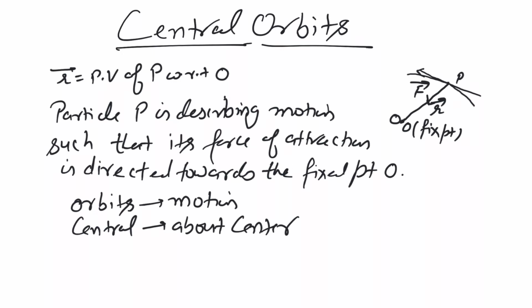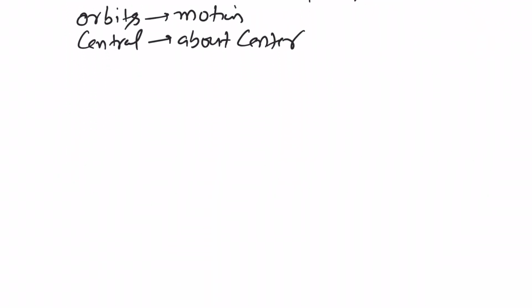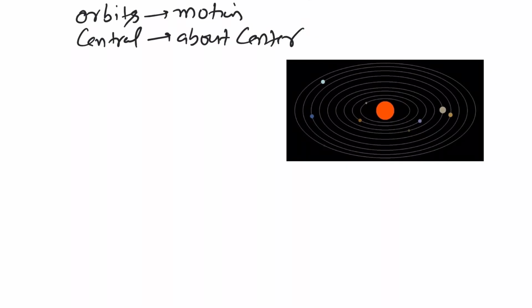For an example, we can give these planets revolving around the sun. The sun is the center and these are revolving around it, so they are describing the central orbit. Force of attraction is always towards the sun, so we can say that each of these curves is a central orbit, because the sun is attracting the planet.